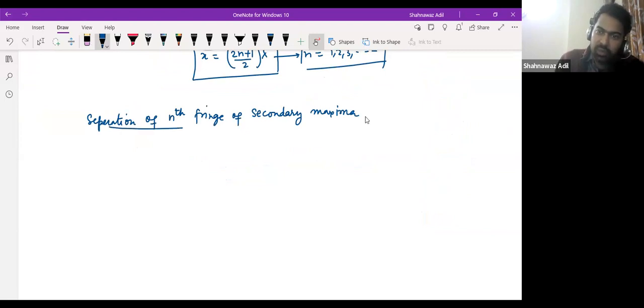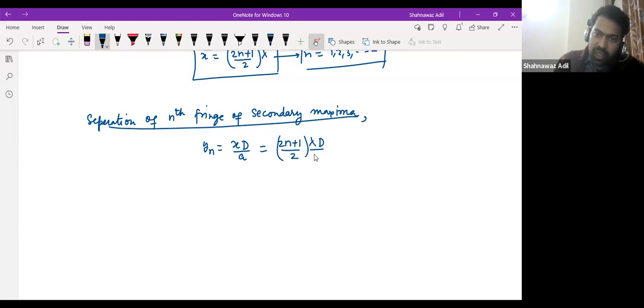Yn is xd by a. So x is (2n plus 1) by 2 lambda, giving Yn equal to (2n plus 1) by 2 times lambda d by a. This is the nth separation.